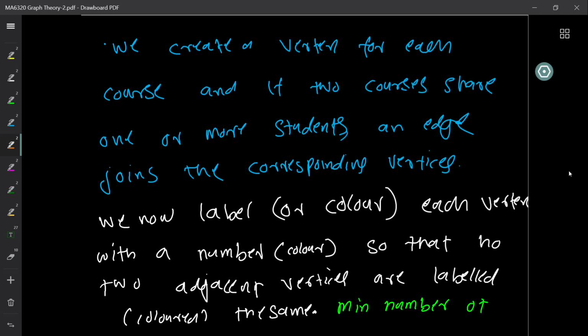The minimum number of colors that will do this job is called the chromatic number, and that is the number that we are looking at. That will tell you the minimum number of days the exams need to be scheduled.